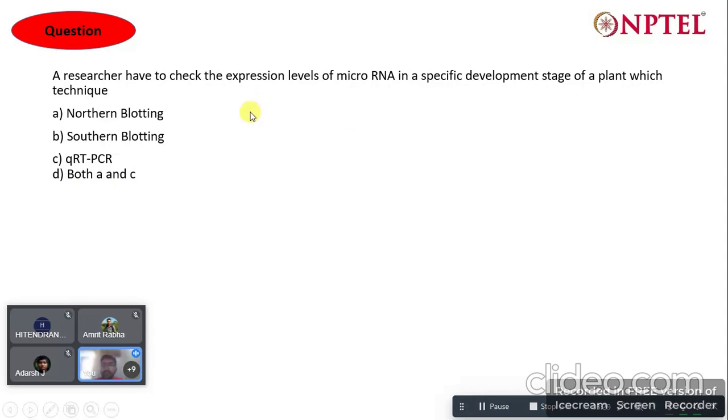So a researcher has to check the expression levels of a microRNA in a specific developmental stage of a plant. Which technique can we use to analyze that? The options given are: northern blotting, southern blotting, qRT-PCR, or both A and C. Which technique can the researcher use?